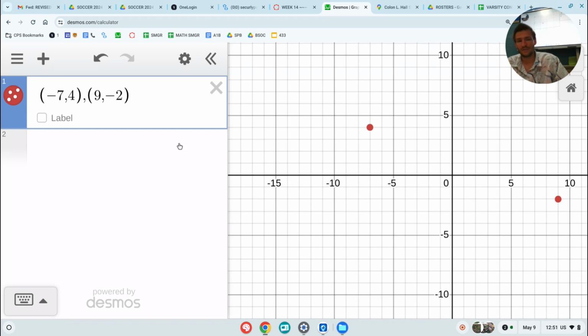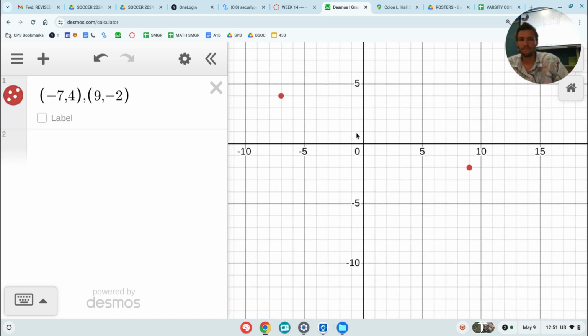And DESMOS can certainly make the picture for you. And if you get the picture, then I guess you can count how much do you need to go up and how much you need to go to the side. But I'll tell you this, that's not a super easy thing to do if they're a very long way away.